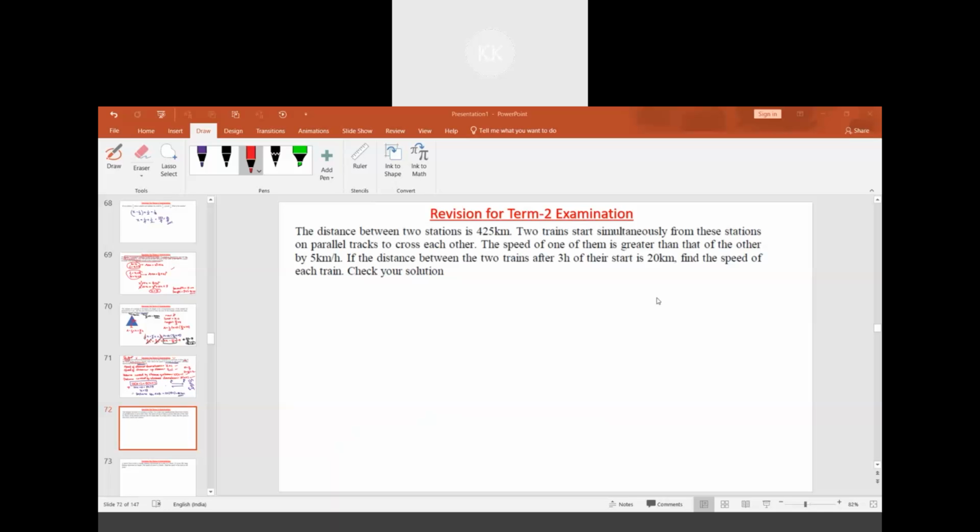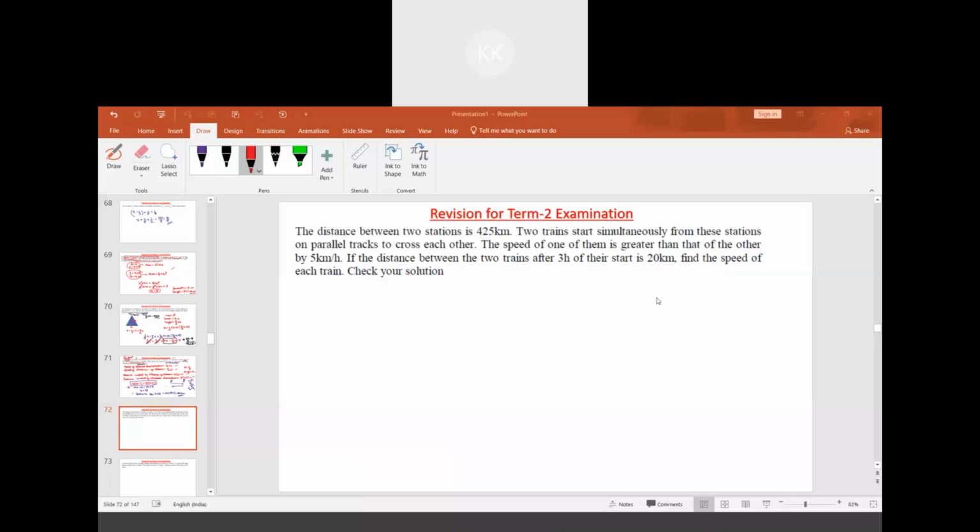For convenience, we shall take the trains as train A and train B. One of the trains will have the speed equal to x kilometer per hour, and the other will be 5 more than that, x plus 5.